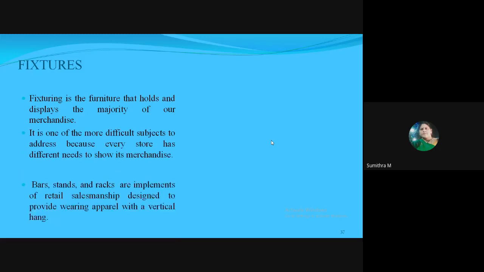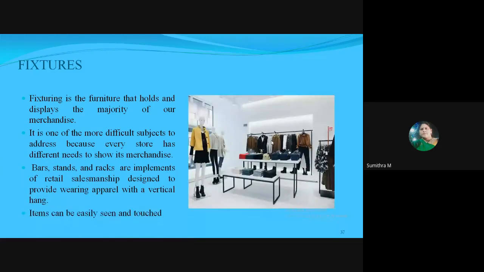Fixtures are another major element used in visual merchandising. A fixture is the furniture that holds and displays the majority of our merchandise. It is one of the most difficult subjects to address because every store has different needs to show its merchandise.